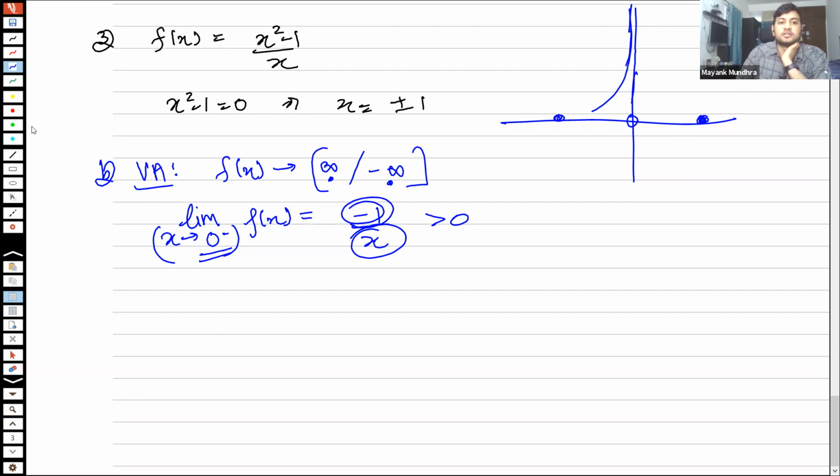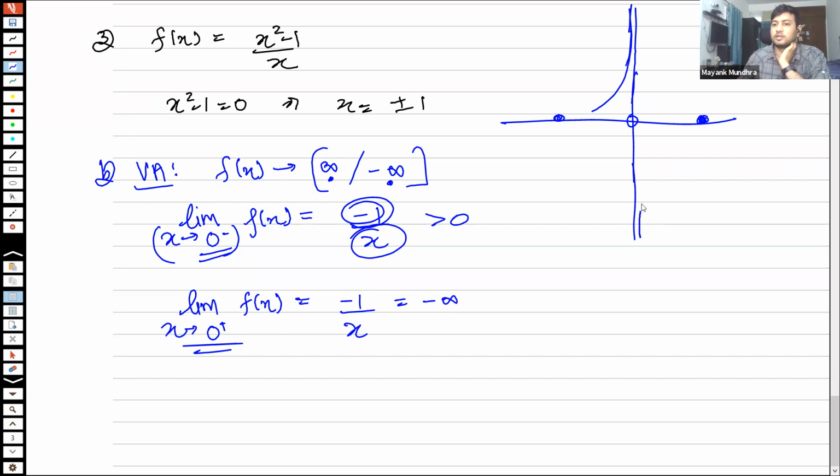Similarly, the limit as x tends to 0 plus of f of x will be equal to minus 1 by x, but now x is positive, so that will be negative infinity. So the curve is going to look like this.